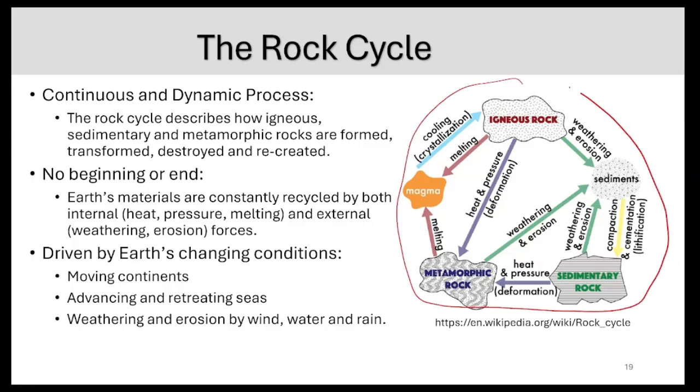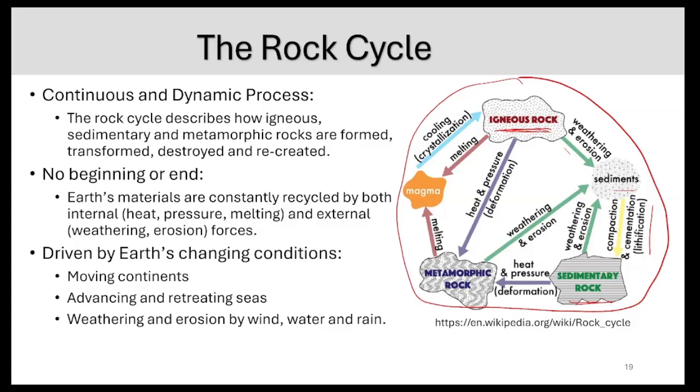Here we can see rock in igneous form. Because of weathering and erosion, it will form some sediments, and because of compaction or precipitation, or lithification or some other process, it will form sedimentary rock.